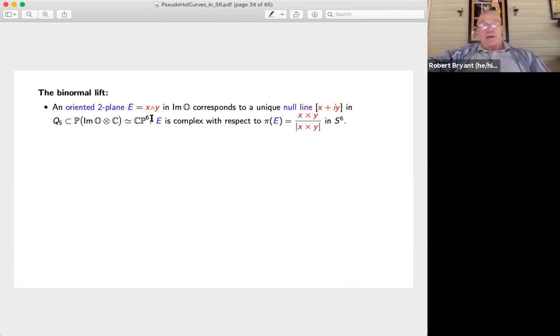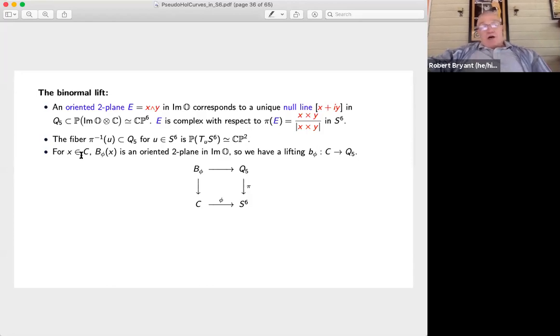And E is in fact a complex line with respect to this unit vector in S6. That is, pi of E is x cross y divided by the norm of x cross y, if you didn't normalize the basis. Pi is now a map from Q5 to S6. The fiber consists exactly of the lines in the tangent space at U to S6. It's a CP2.